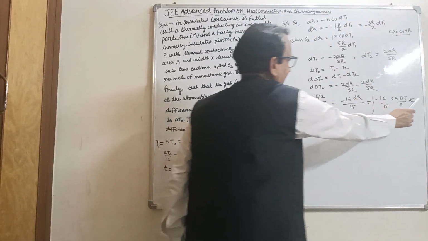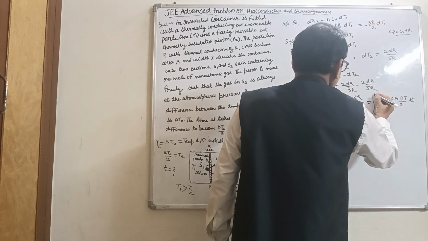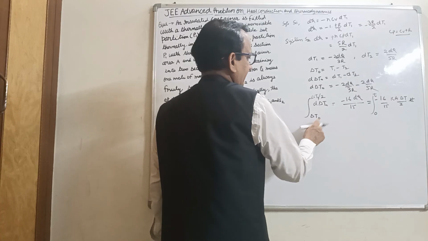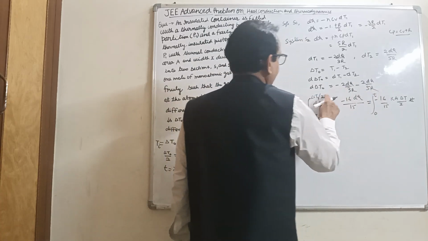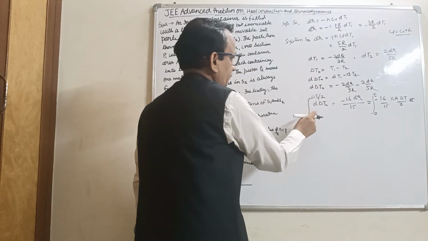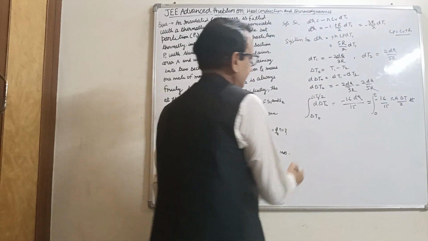So we have to find this time. So we integrate from 0 to T. At time 0, the temperature difference is delta T naught. We have to find the time when it becomes delta T naught by 2. So this would be the final limit, this would be the initial limit, this is the initial time, this is the final time. So we integrate here.